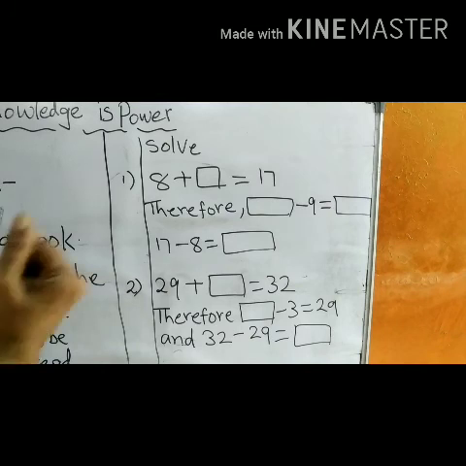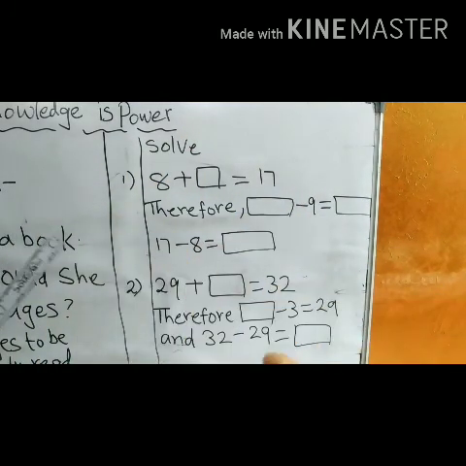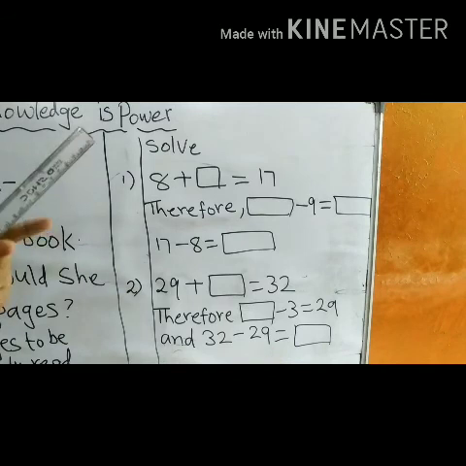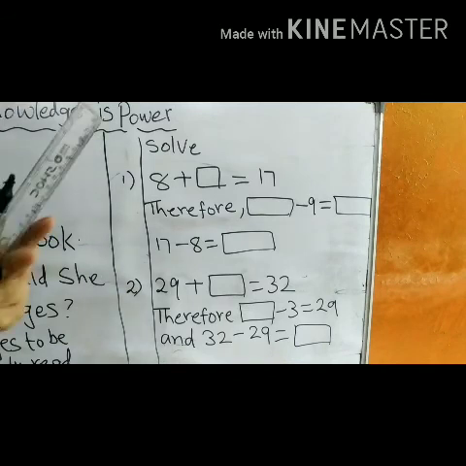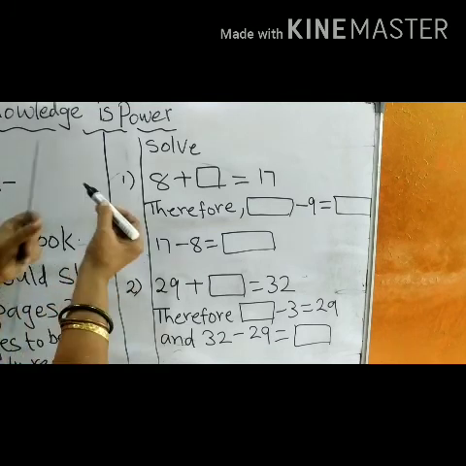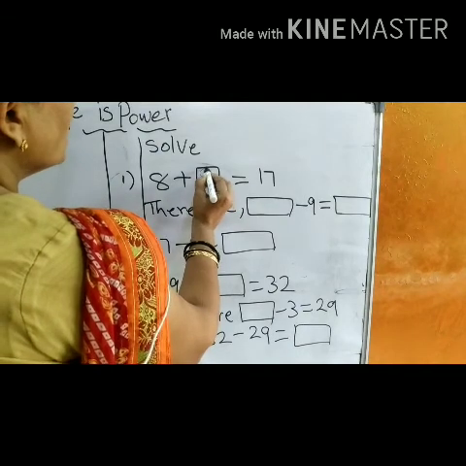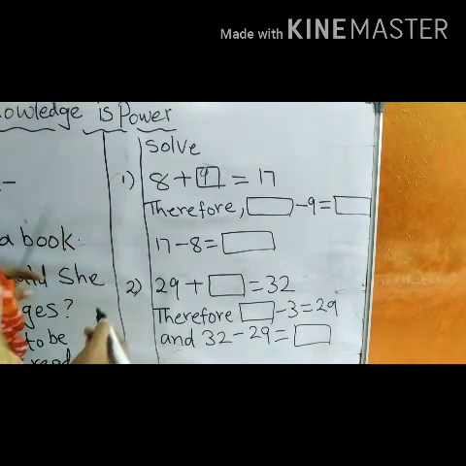Leave the 8. 9, 10, 11, 12, 13, 14, 15, 16 and 17. What did you get? 9. Very good. So 8 plus 9, your answer is 17.